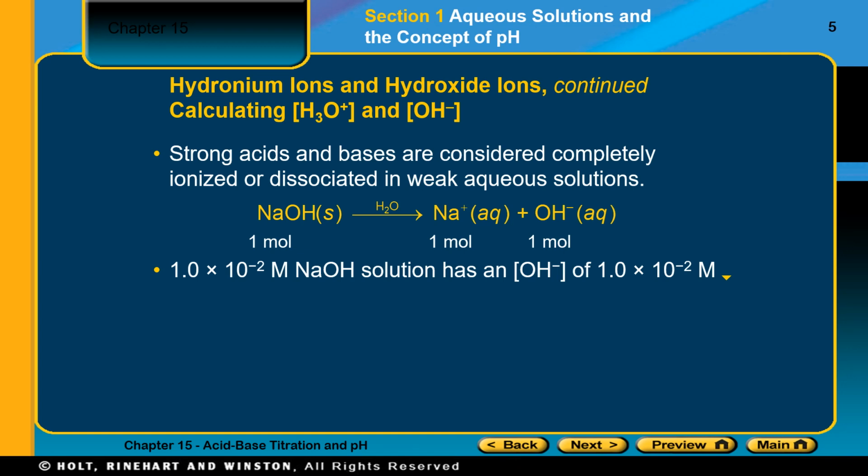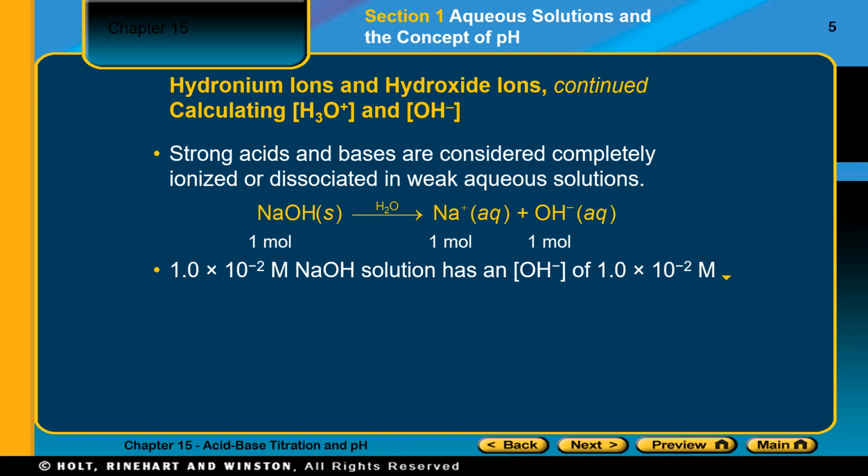Now, let's suppose that we have a solution of sodium hydroxide that is 1.0 times 10 to the minus 2 molar. So instead of a whole mole per liter, we only have 1.0 times 10 to the minus 2 moles per liter. And it has an OH concentration of 1.0 times 10 to the minus 2 molar.